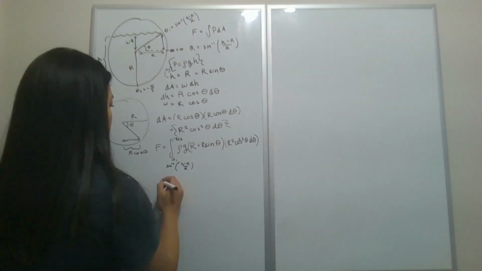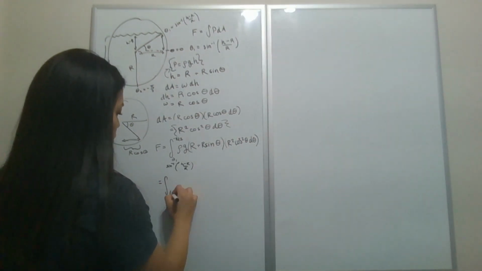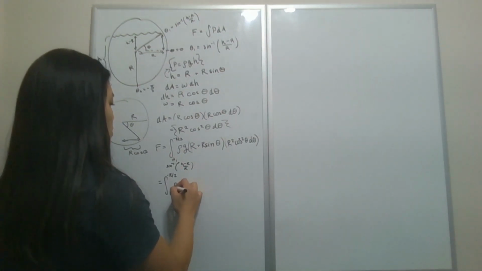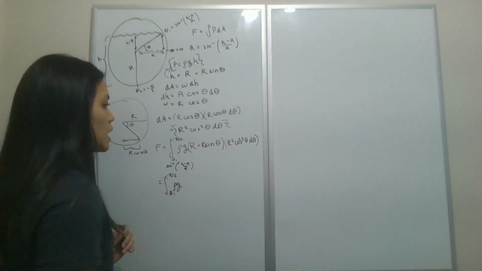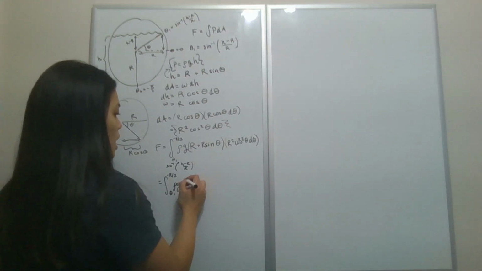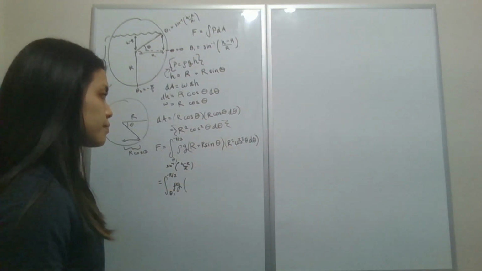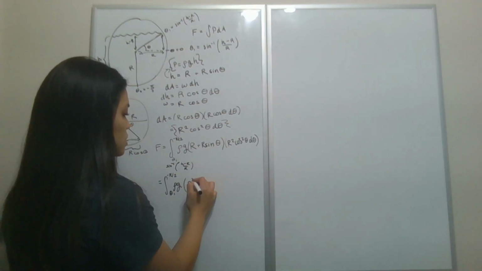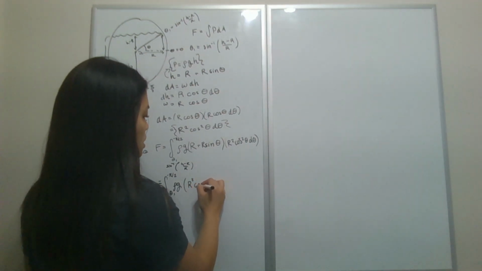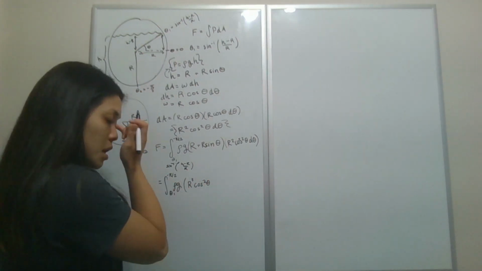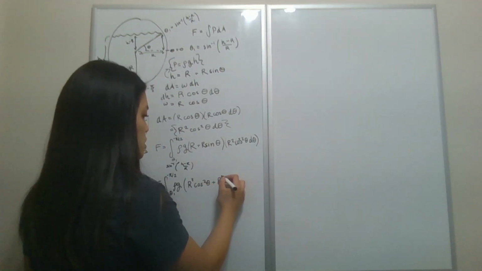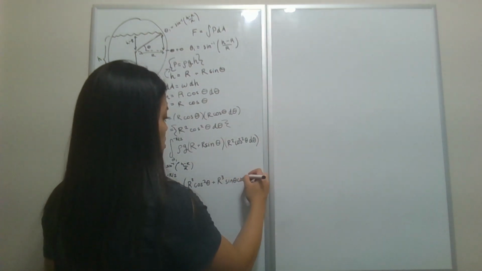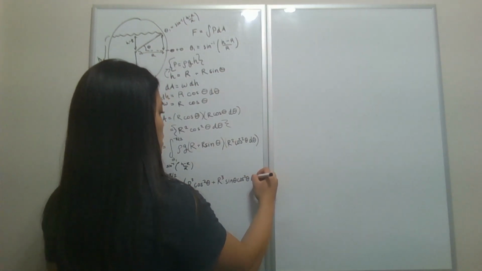Distributing out constants, we're going to have the integration from theta 1 to negative pi over 2, and we have the rho times the gravitational acceleration, so the density times the gravitational acceleration, and we're going to combine these two quantities. That's going to give us the radius cubed times cosine squared of theta plus the radius cubed times sine theta times cosine squared theta d theta.